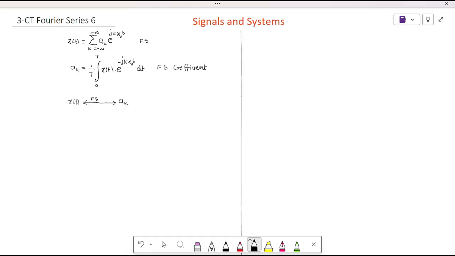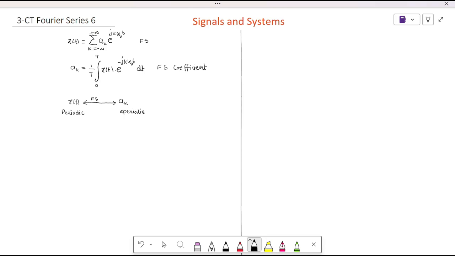Now this x of t is a periodic signal, but ak is not periodic, it is aperiodic. So from the examination point of view, you should remember this, it is very important.